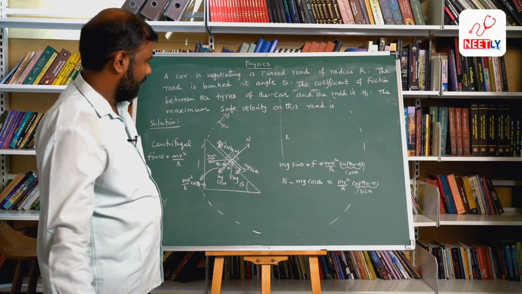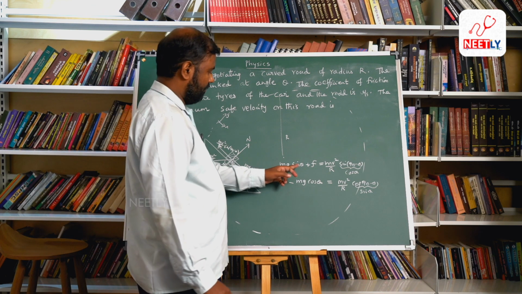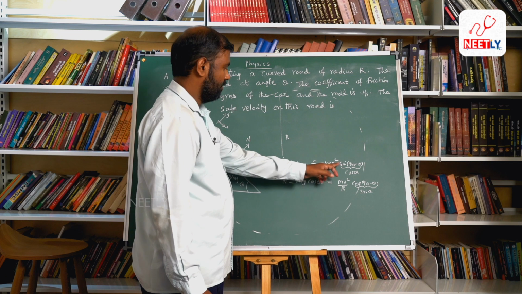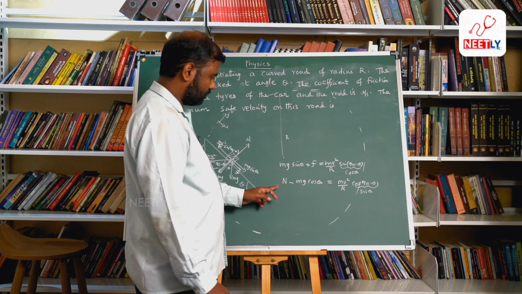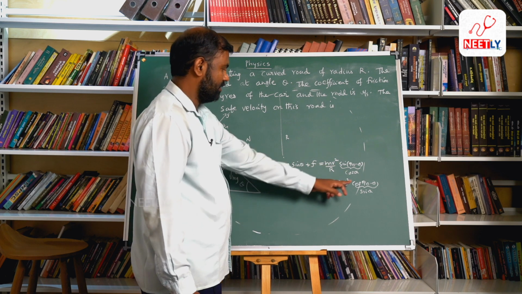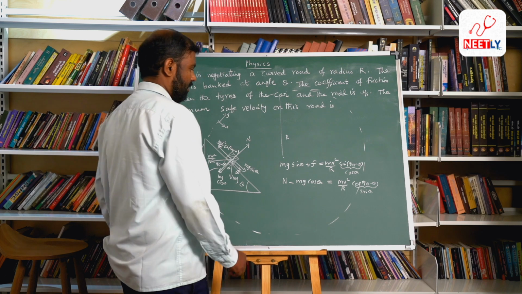So, now we have the equations: mg sin theta plus f is equal to mv square by r cos theta, and N minus mg cos theta is equal to mv square by r sin theta.